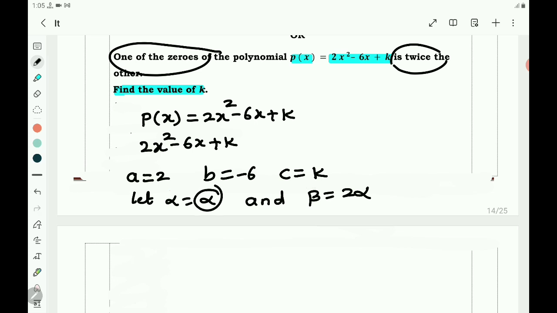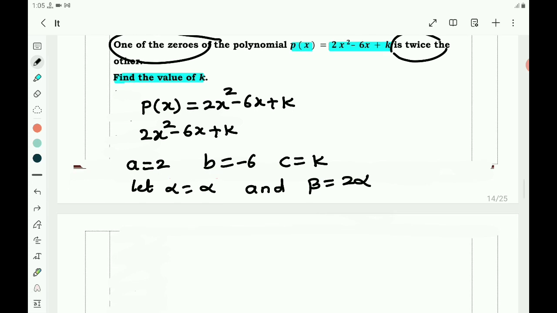So alpha and 2 alpha are the two zeros of the given polynomial. Then take alpha plus beta, which is equals to minus b by a. You must know this relation. Alpha we have taken alpha only, beta we have taken twice of the alpha. It is given 2 alpha equals minus b.